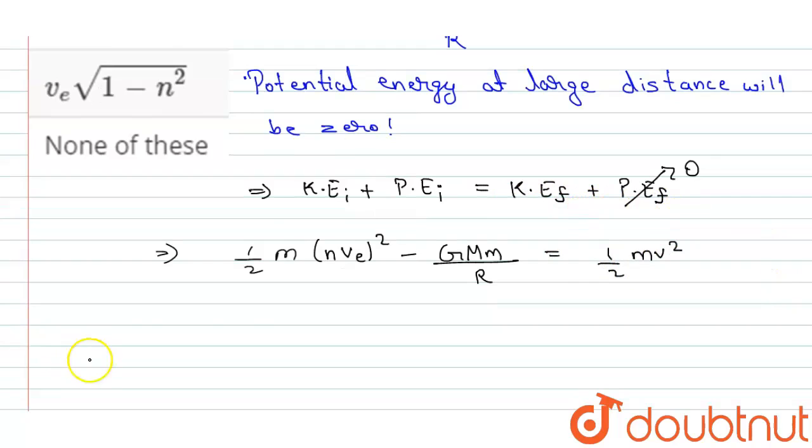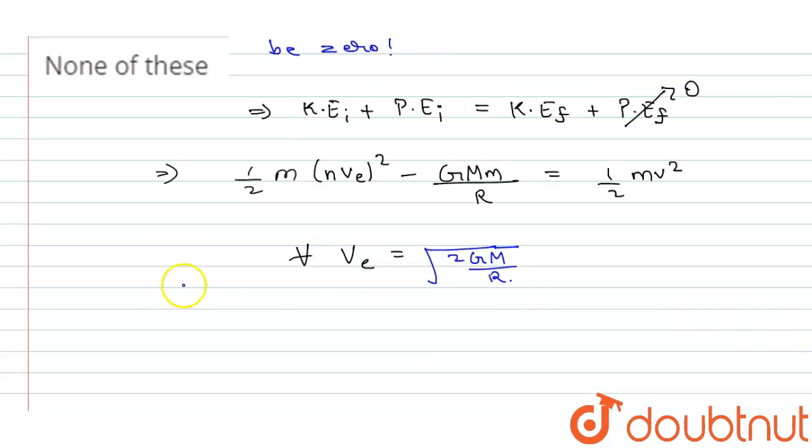Now, when solving this equation, we know that the escape velocity VE is equal to root 2GM by R, where M is the mass of earth.